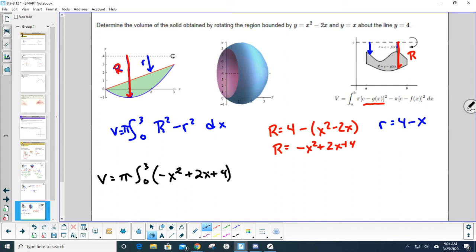Notice I'm putting in parentheses. The first set of parentheses don't matter. Well, I guess it does matter, I have to square it. Minus the second set of parentheses squared dx. And this would be what you would have to antiderive.